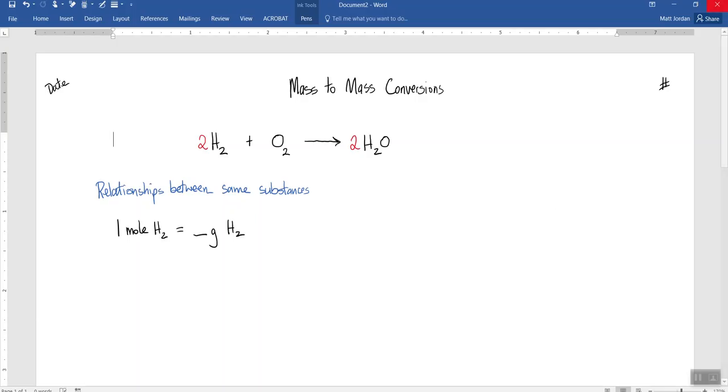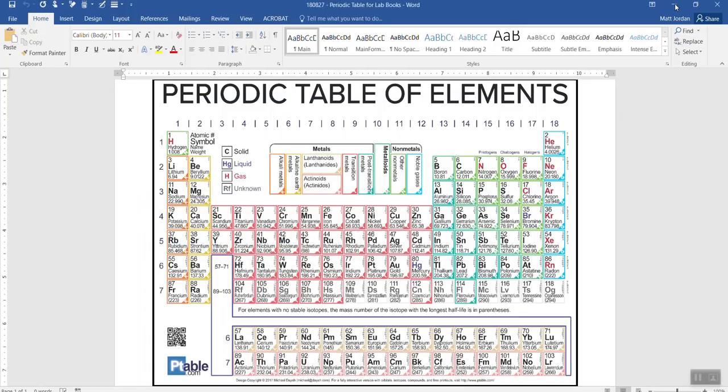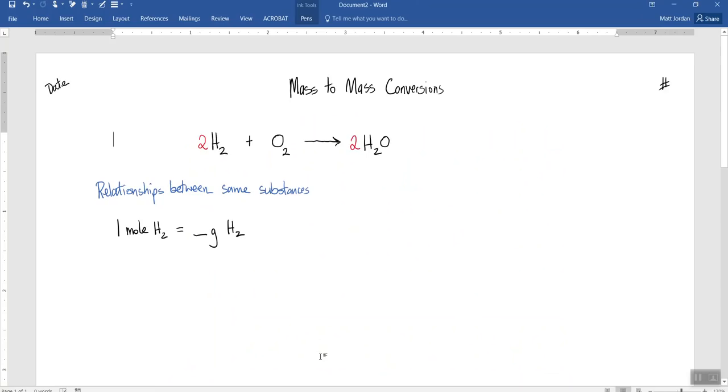And we could find that on the periodic table. If I bring up my periodic table, there are two hydrogen atoms that make up hydrogen gas. Each hydrogen atom weighs 1, so 1 plus 1 gives you 2. So 2 grams of H2 would be equal to 1 mole of H2.